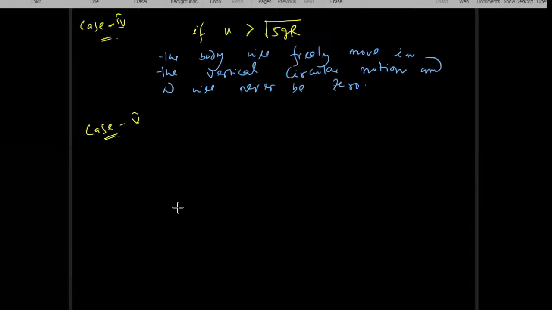Okay now? Now, most important case is coming from where you will actually get question in JEE Advanced or Main is case 5. That case is √5 GR greater than u greater than √2 GR. Okay? So now I will make you understand. So please be careful with the diagram.